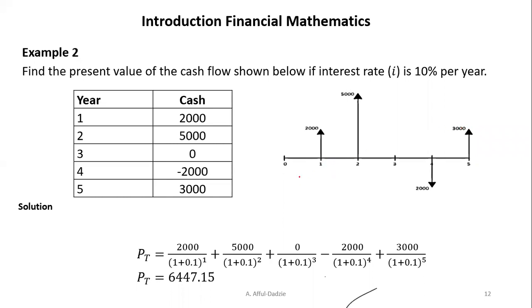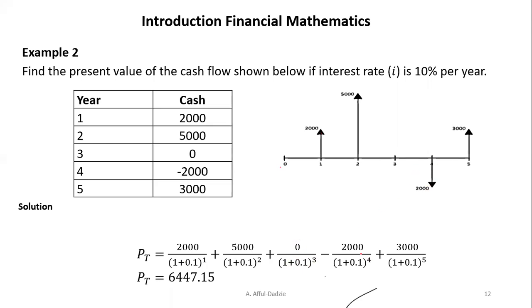So we want to bring all of these future sums to today and see what the equivalent would be. So we start from the first one, we bring it here: 2,000 over 1 plus the interest rate, 10%, 0.1, to the power 1. And this is again an inflow, so we do the same for 5,000, plus here there was nothing. Actually, we could have just ignored it anyway, but we bring it in.